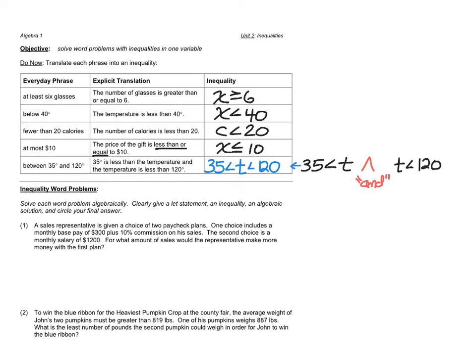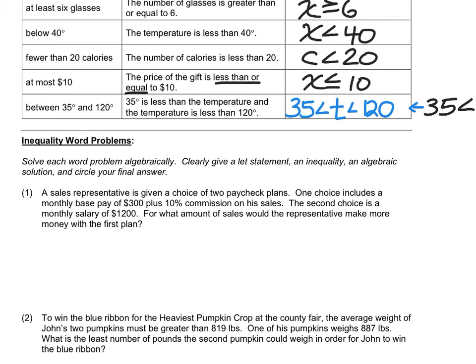All right. So number one, we're looking at a sales representative given a choice between two paycheck plans. One choice includes a monthly base pay of $300 plus 10% commission on his sales. Second choice is a monthly salary of $1,200. For what amount of sales would the representative make more money with the first plan?